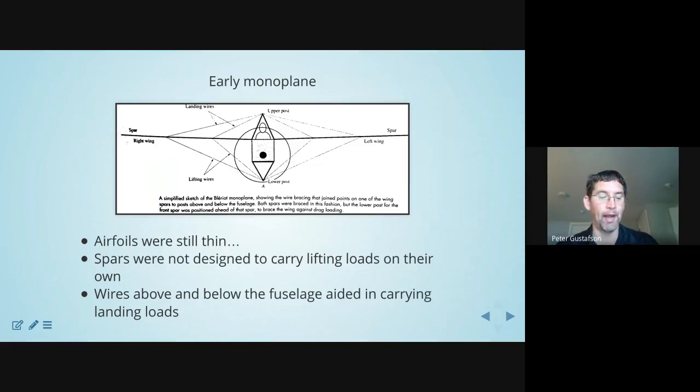Now, I'm going to try my best to add some sort of chalkboard-like markings on this image so you can get a full picture of what I am trying to do. Obviously, we're generating lift in this direction. That creates a bending moment with respect to the wing root.